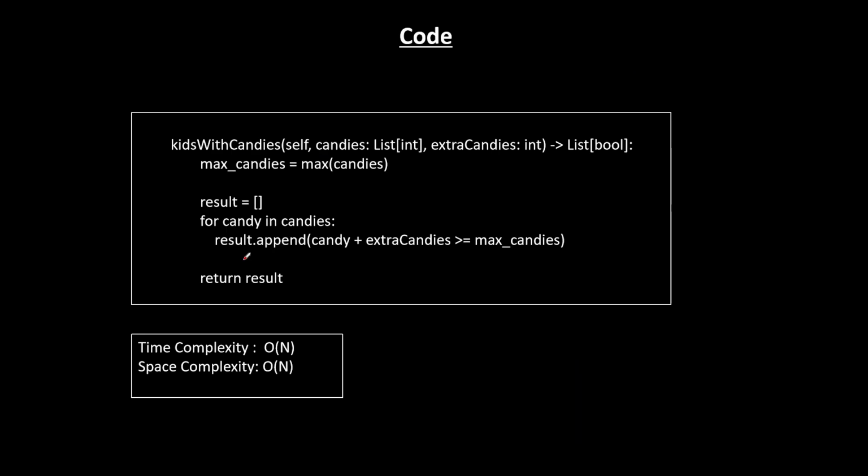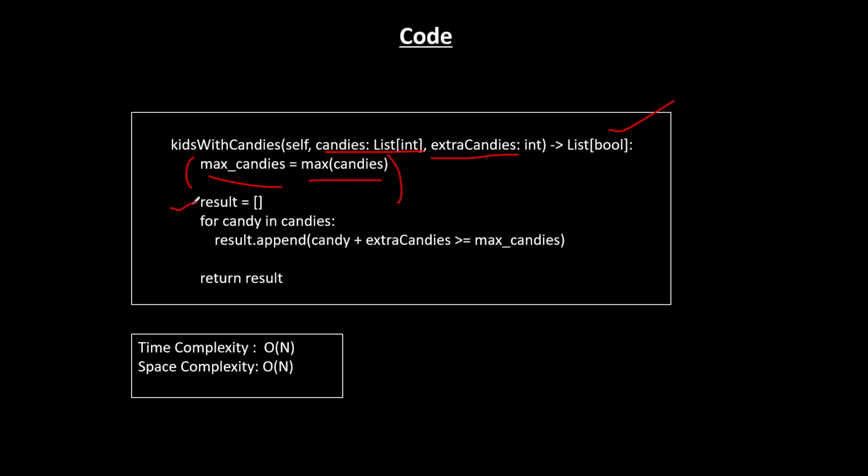So let's go through the code. We are given a function in which we have a list candies and an extra candy, and we have to return a list of booleans. In the max candy variable, we will store the maximum candy count from the candies list.